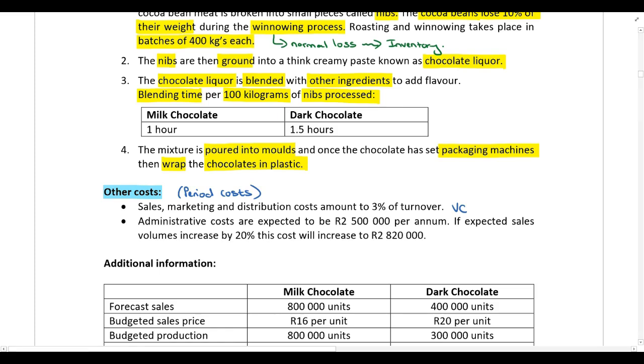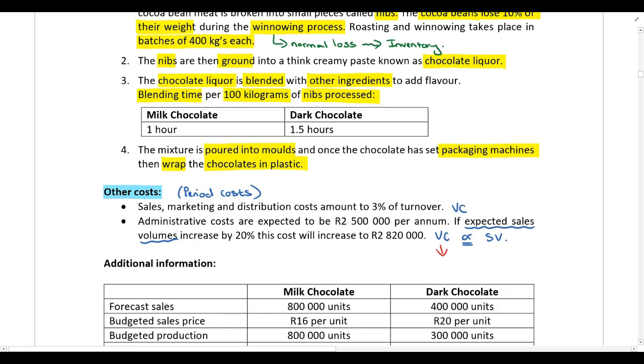So either this is a variable cost or it could be a semi-variable cost. But at this point in time, we can't actually determine whether it's a variable cost or a semi-variable cost because we don't yet know what the expected sales volumes are. Remember, if it's a variable cost, the cost per unit will remain constant.